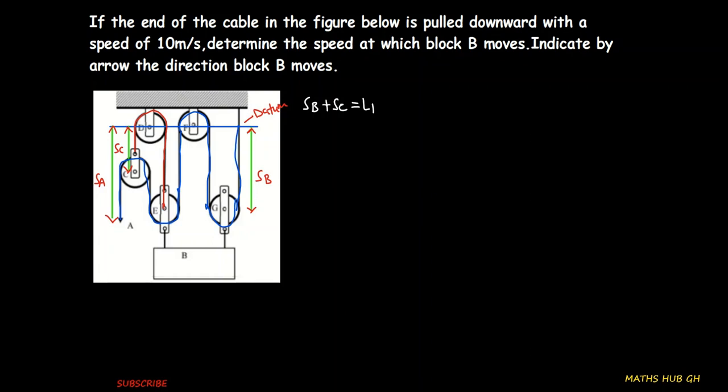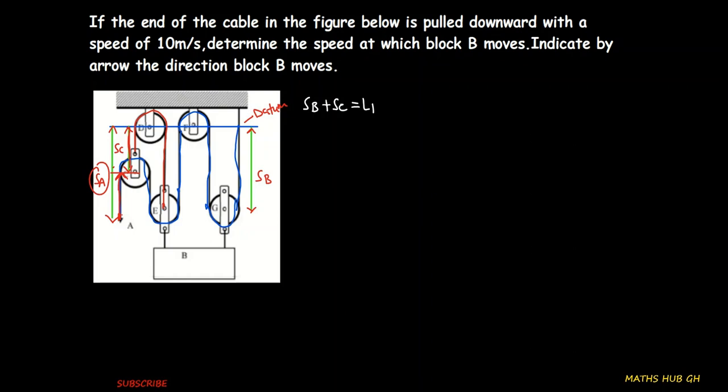We are going to have this length here. To get that length, we will have to subtract SC from SA, because SC is the top part here. When you subtract SC from SA, you get the remaining length, which is this length that we have here.